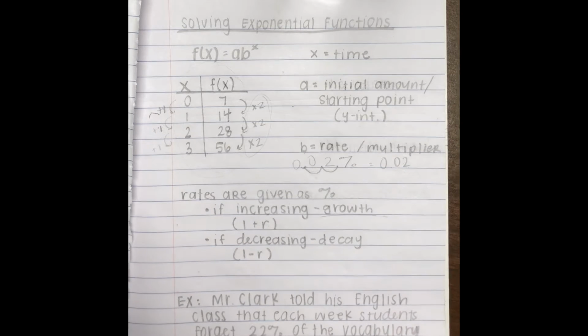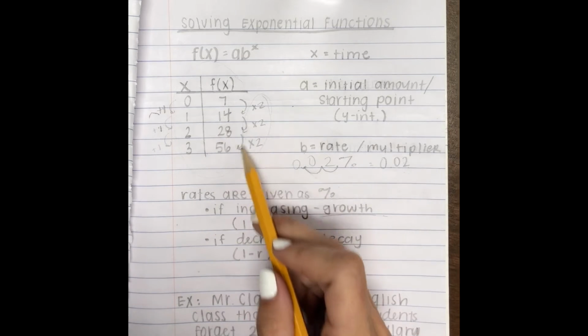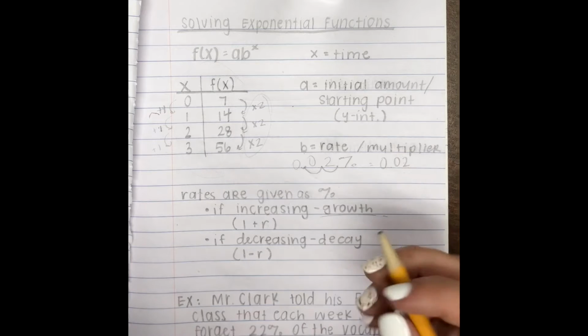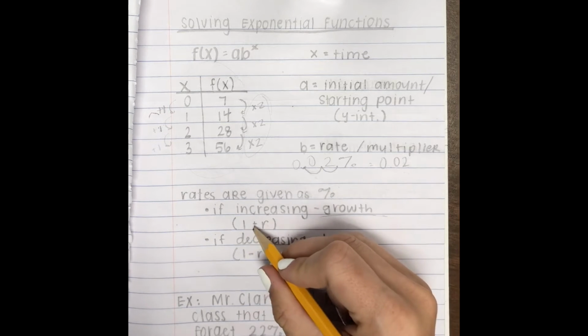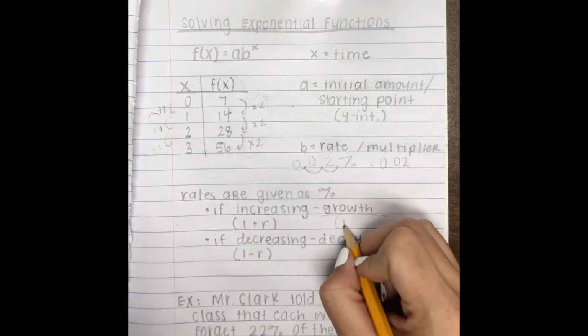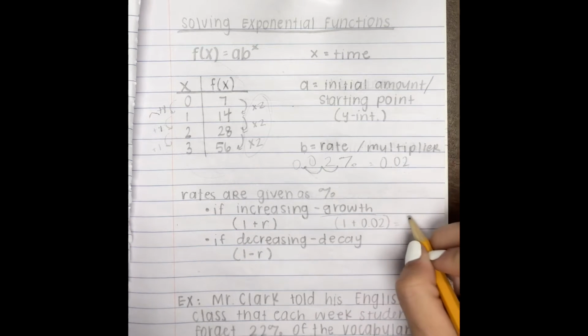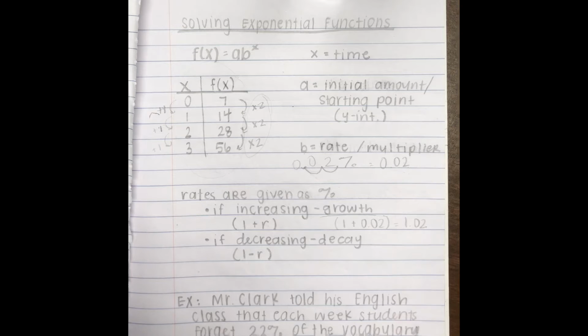So you can see that we're increasing, right? We're going from 7 to 14 to 28 to 56. So we would put a 1 in front. So this would be 1 plus 0.02, which gives us 1.02 as our B, okay?